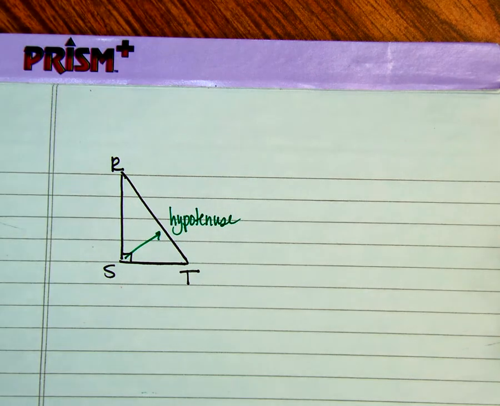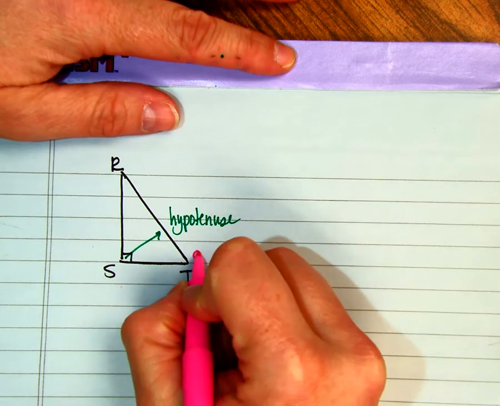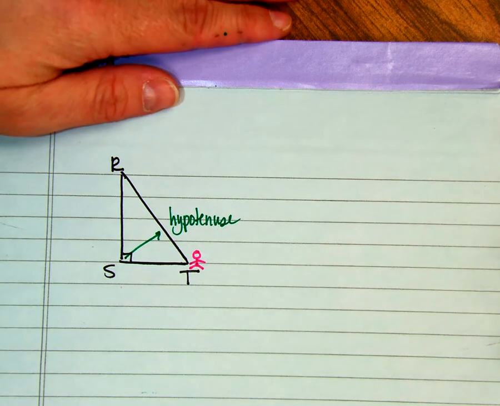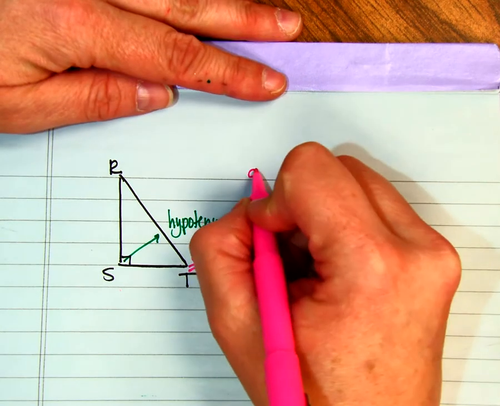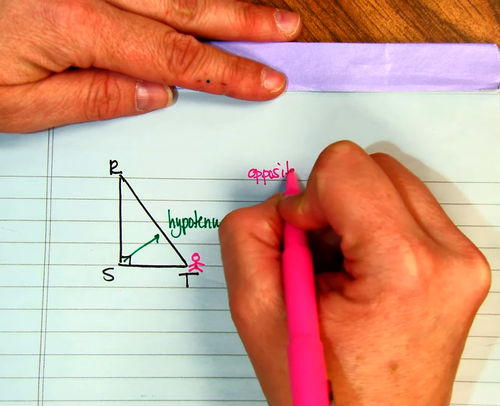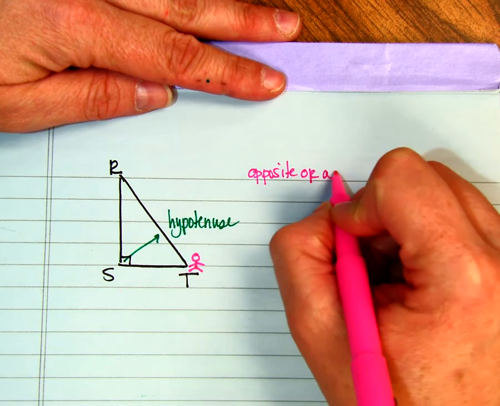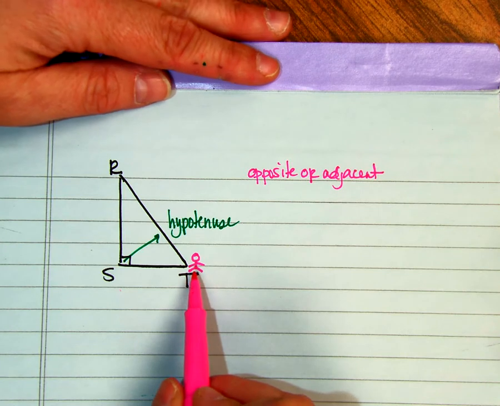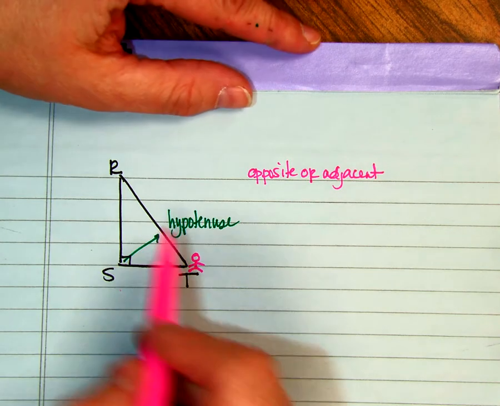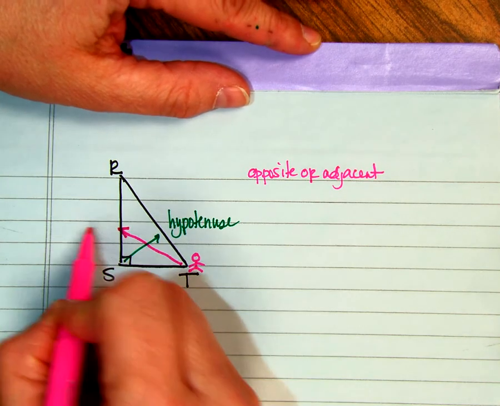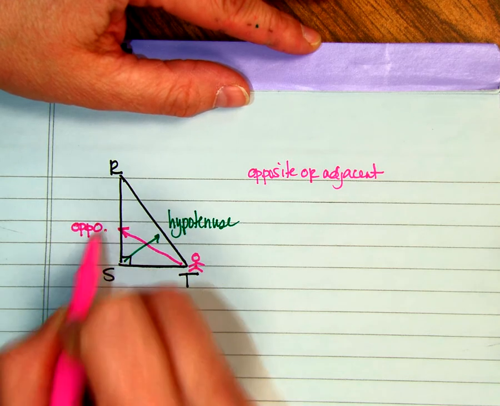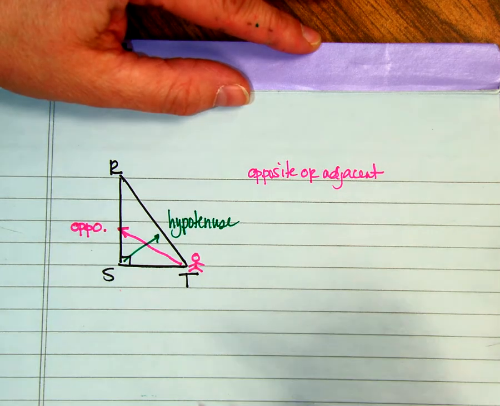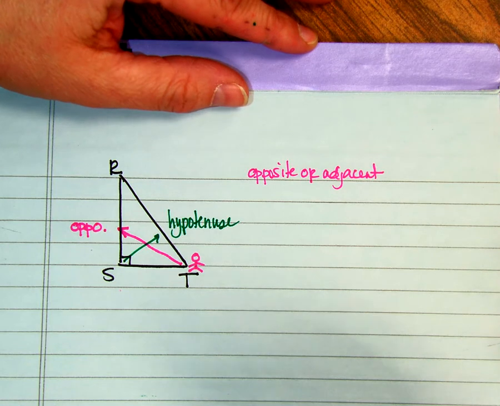The adjacent and the opposite are determined by where you are standing. So if I'm standing at T, the side that is opposite where I'm standing will be right there. The side that is adjacent to me, or what I am touching, is right there.